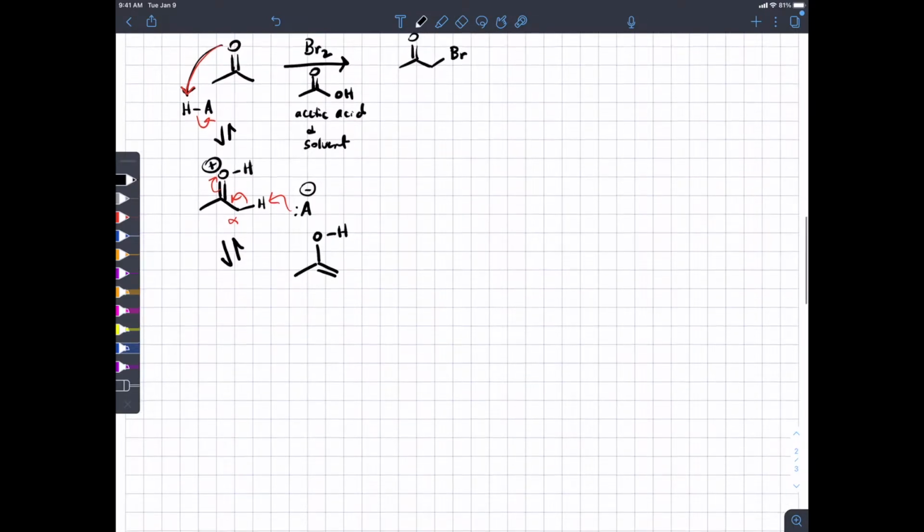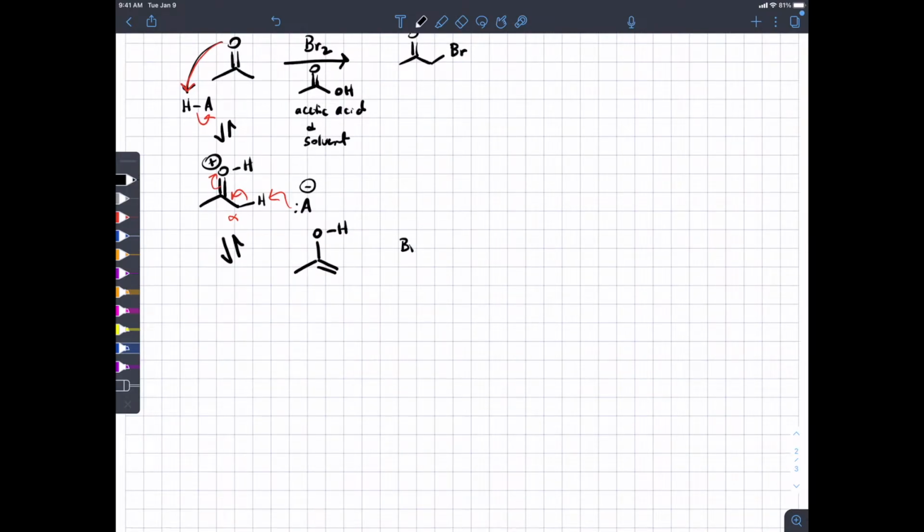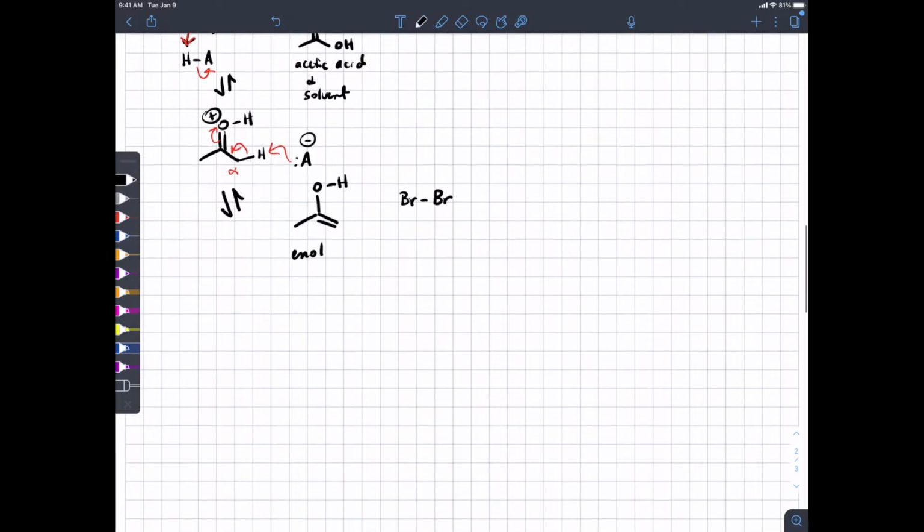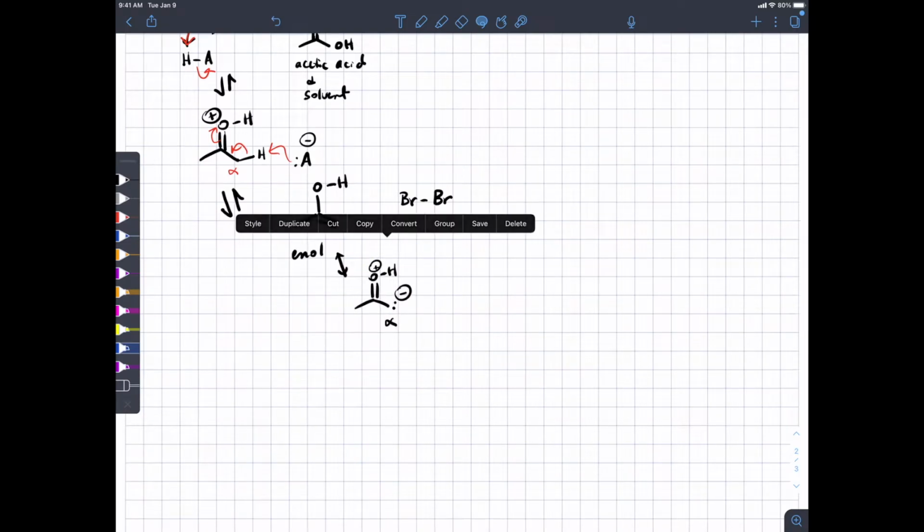All right. Now, in the presence of Br2, Br is an electrophile, and this is an enol, but we shouldn't be surprised because we've thought of enolates as nucleophiles. We shouldn't be surprised that enols can be nucleophiles as well, because for this enol we can draw a resonance structure wherein the alpha carbon is negatively charged.